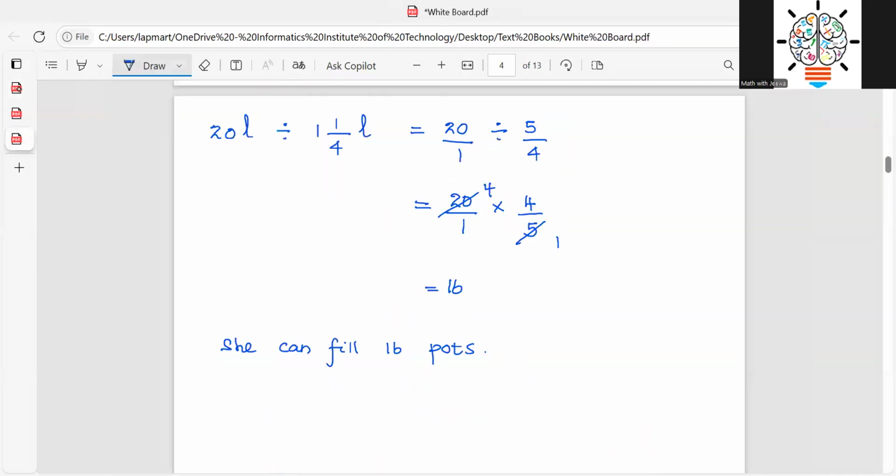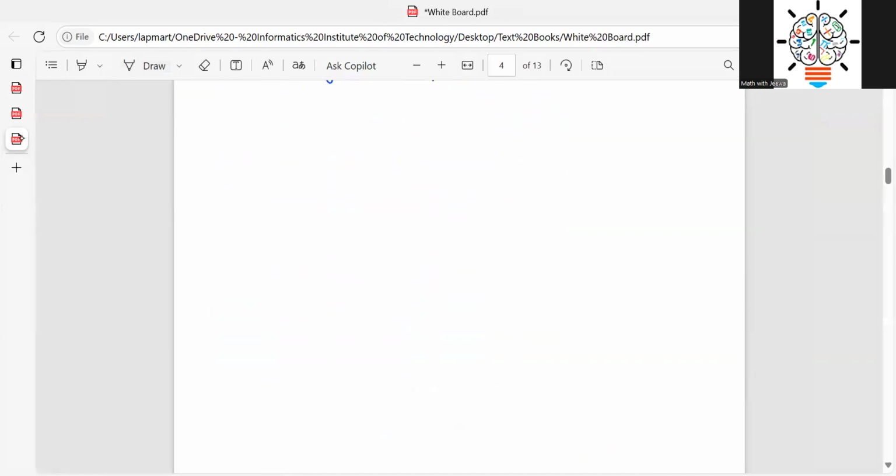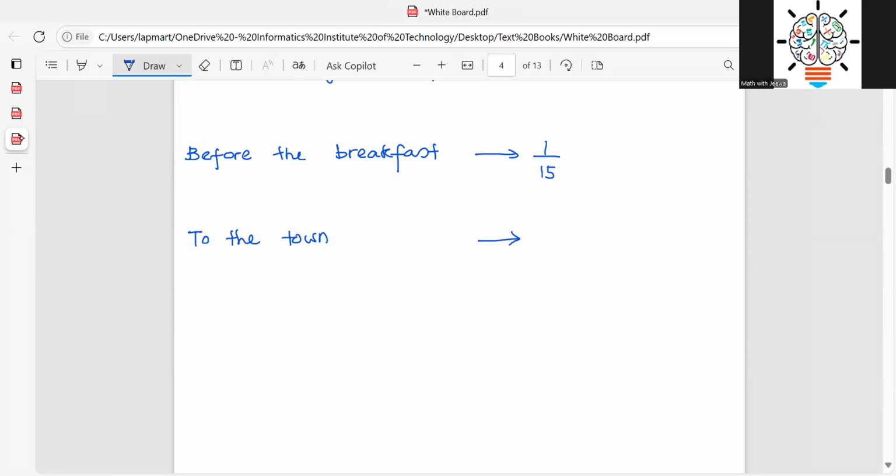So first of all we want to write down: before the breakfast, she has taken 1/15, right? Then she goes to the town. How many steps has she taken? Half.